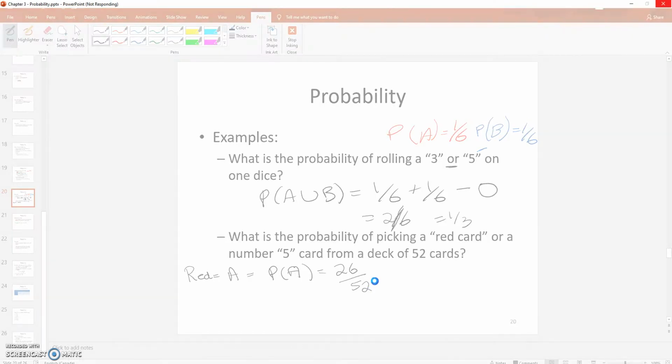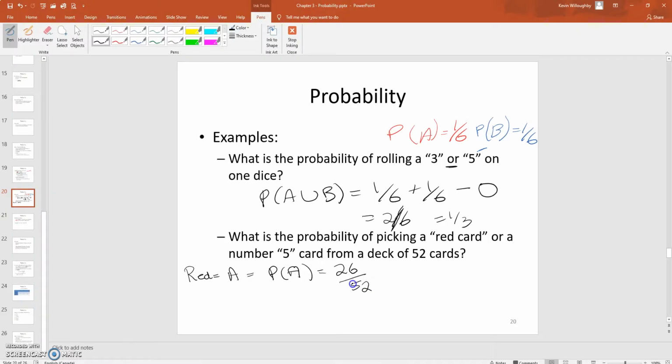Picking a 5, let's call that event B. We know there are 4 number 5 cards in a standard deck, so 4 out of 52.